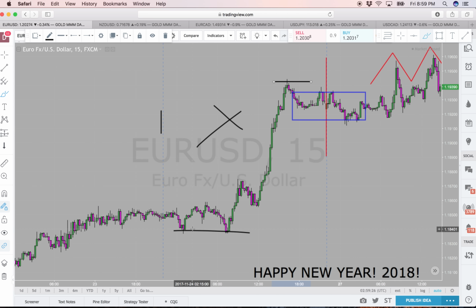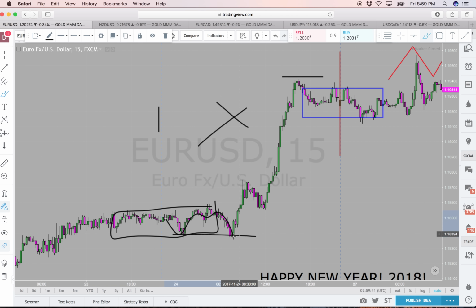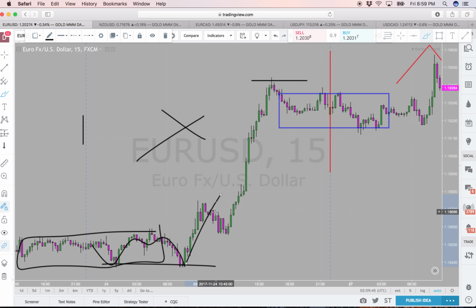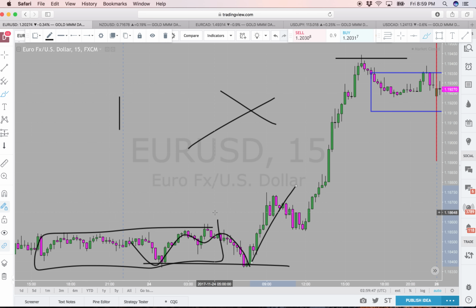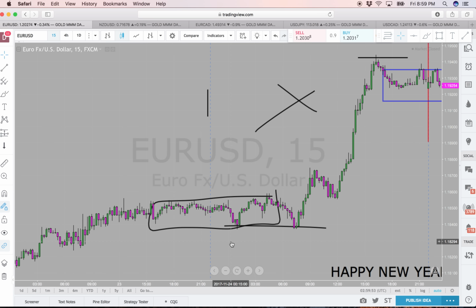Now, here is the Asian consolidation of the previous day, and we can see the consolidation worked the low of the day and then created that W formation and came back up. Now, this W formation is the exact same. I guess it's the exact inverse of the M.